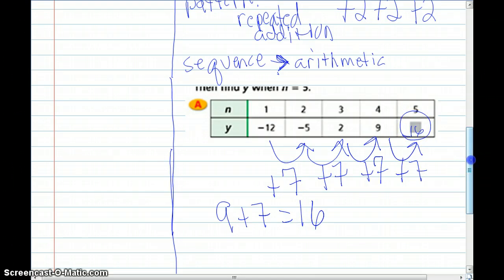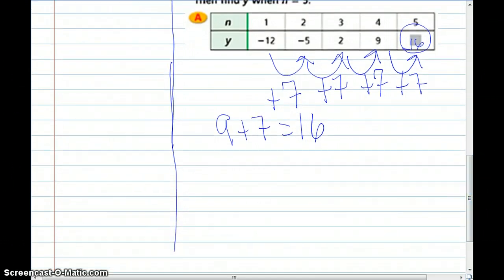Now I need to figure out how to write a function of this. We talked about this on Monday, and a little bit yesterday. We want to write a function which has y equals something with n. Something to do with n, whether it's 2 plus n plus 3, 3 times n, 9n, n to the second power.